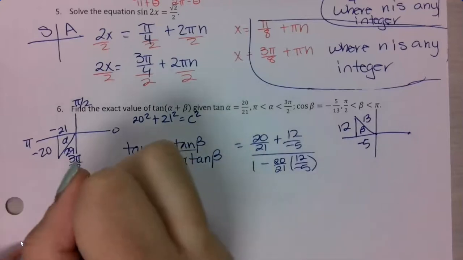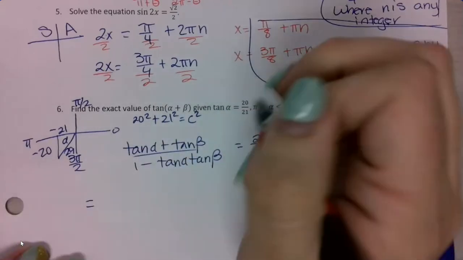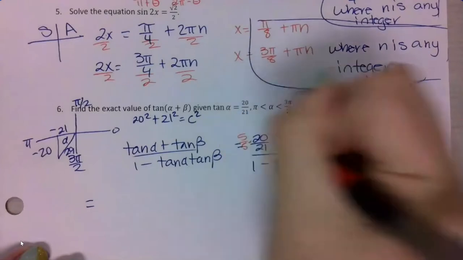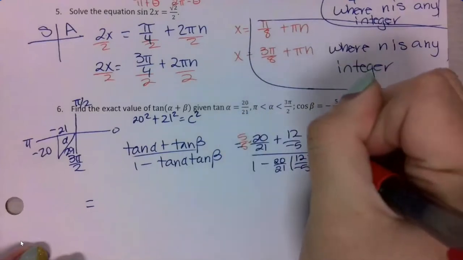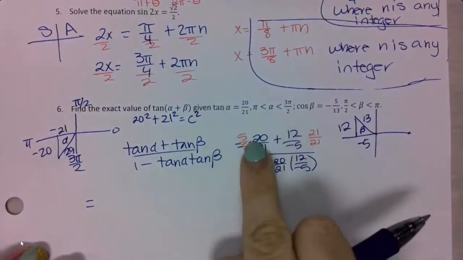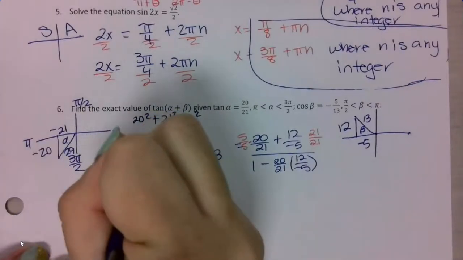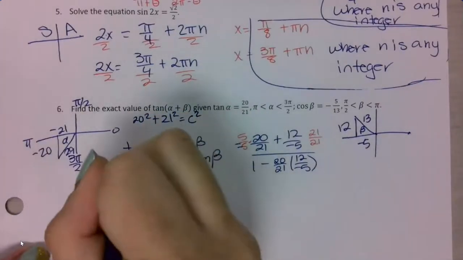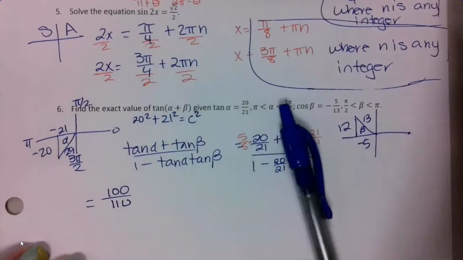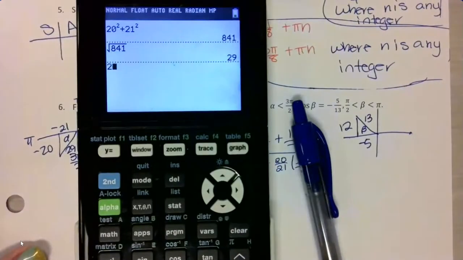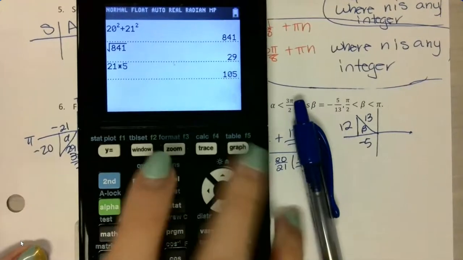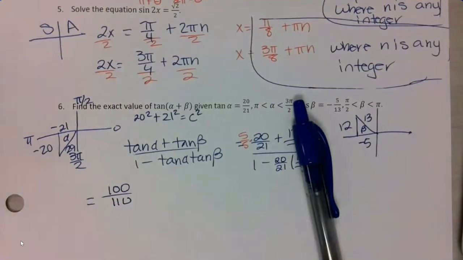On my numerator, this one's going to need to multiply by 5 over 5, and this one's going to need to multiply by 21 over 21. For my first fraction, it gives me 100 over 105.